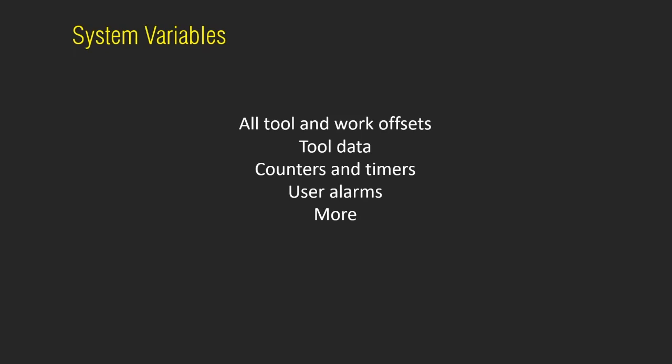We looked at timers and counters. That's part of the power of macro variables, being able to look at those counters and use those. And then we can also create our own alarms, which I'm not really covering in this webinar, but #3000 is a user alarm.